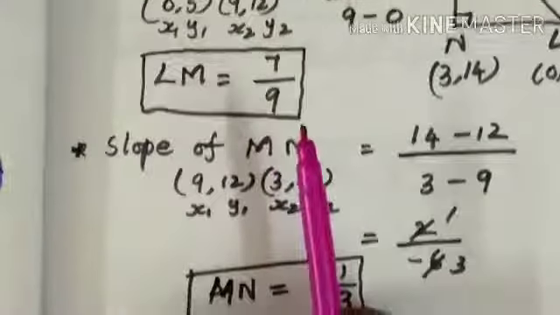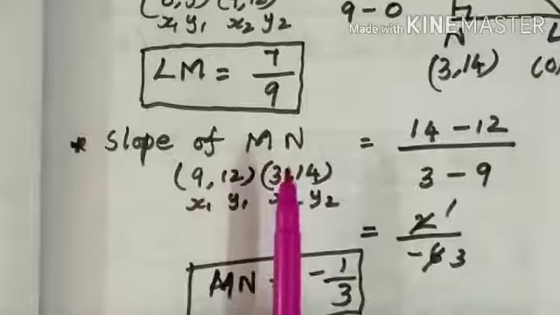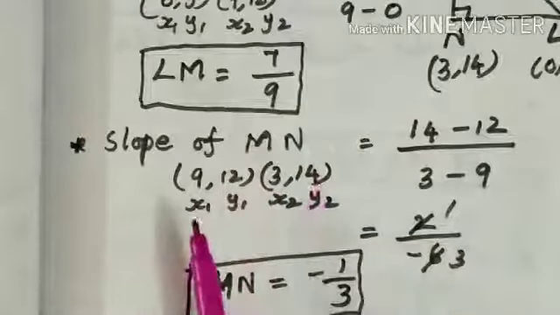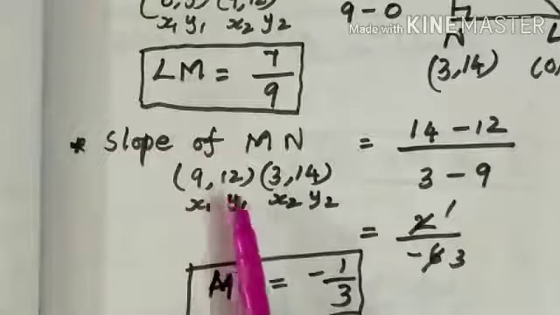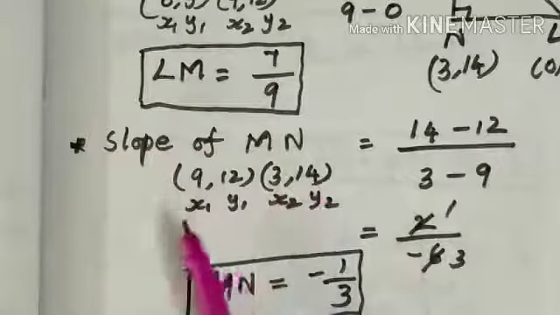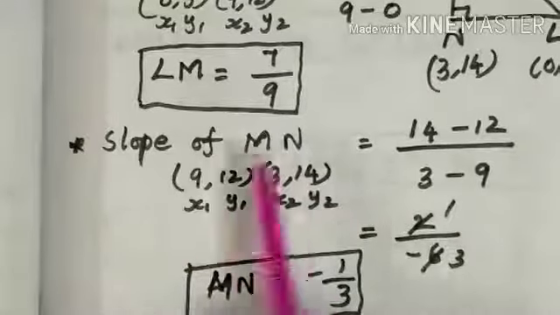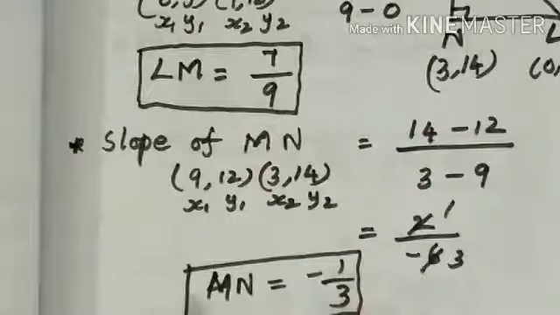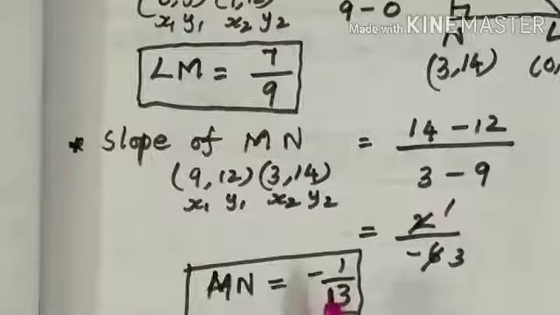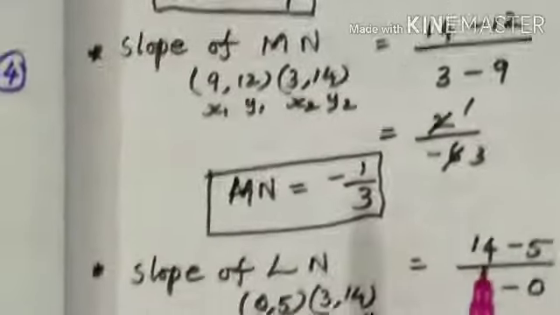Then next you have to find slope of MN. First you take down and write the M point and N point, that is 9, 12, 3, 14, x1, y1, x2, y2. Now apply these points in the formula, and we get the slope of MN is equal to minus 1 by 3.